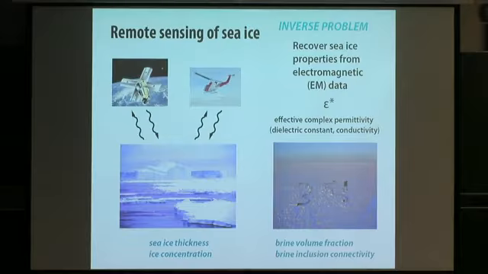In particular, on the micro scale, say the brine volume fraction, also, if we could, information about the conductivity of the brine inclusions and their separation as it warms up. On the larger scale, I mentioned the problem of sea ice thickness is one of the holy grails of climate science, and ice concentration. There's a lot of great data and a lot of great methods for finding that.